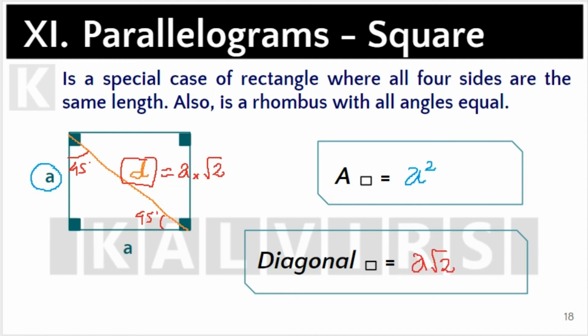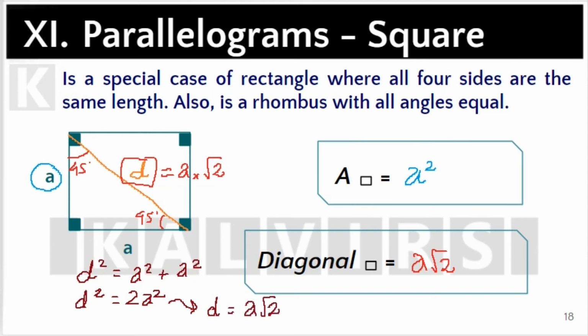If you don't remember the proportion, you can find the value of the diagonal by applying the Pythagorean theorem. D squared equals A squared plus A squared. D squared equals 2 times A squared. Finally, D equals A times the square root of 2.